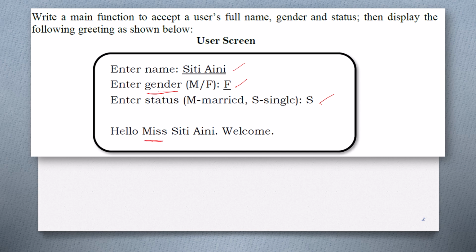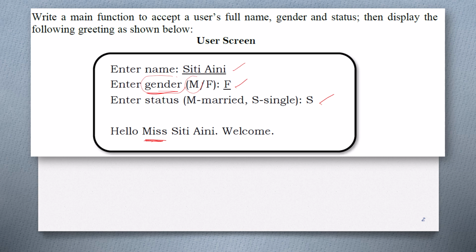If the person is married, then Mrs. So in this case you have to determine based on the gender here. If the gender is female, then only you display Miss. If the gender is M for male, then you have to display Mr.